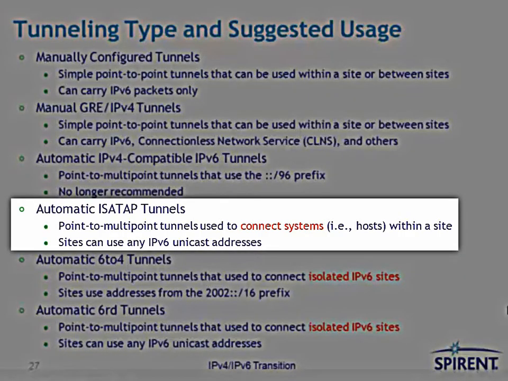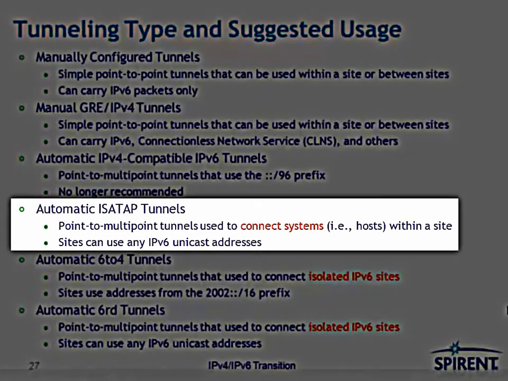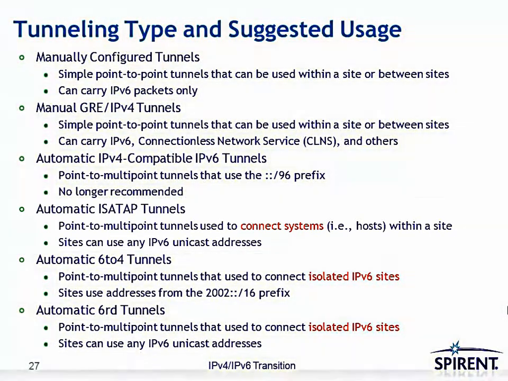So they're host-to-host, host-to-router type of tunnels within a site, hence the intra-site designation of the address. ISATAP also allows sites to use any IPv6 unicast prefix. We'll cover that more later.